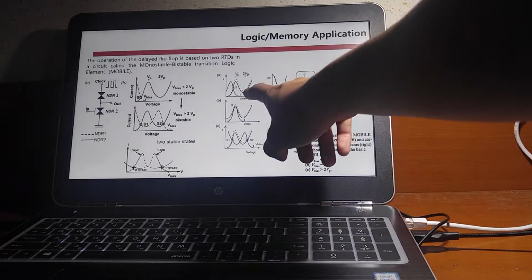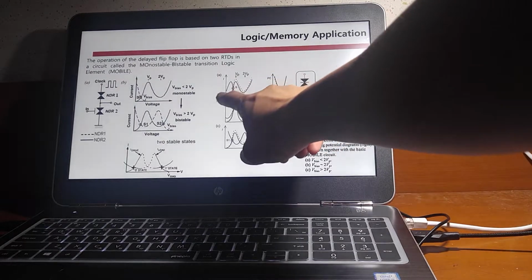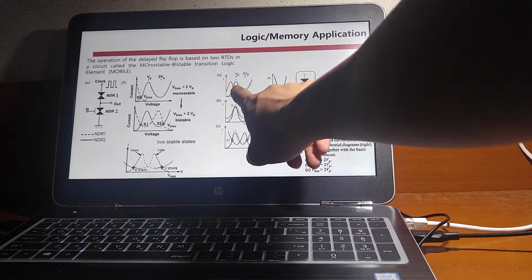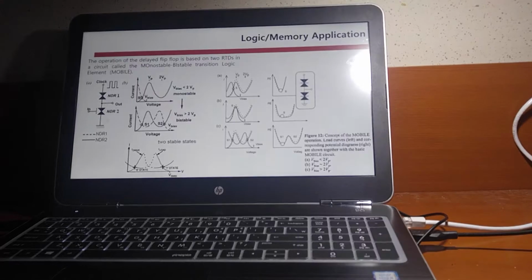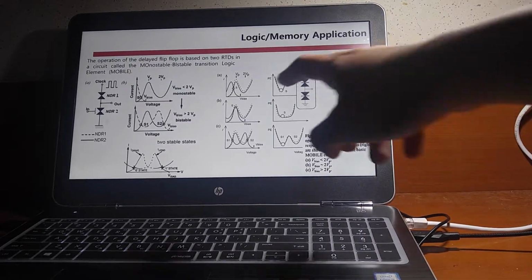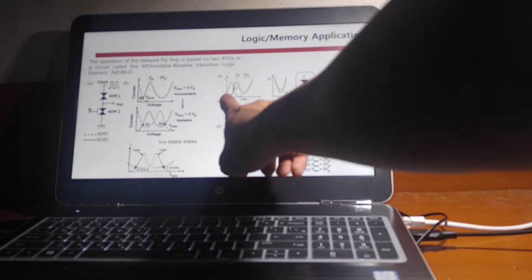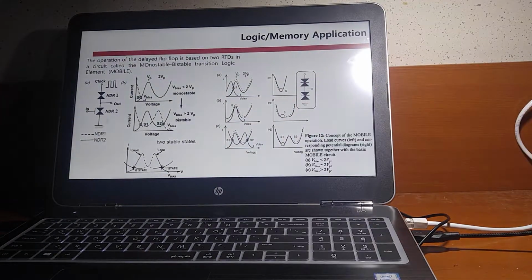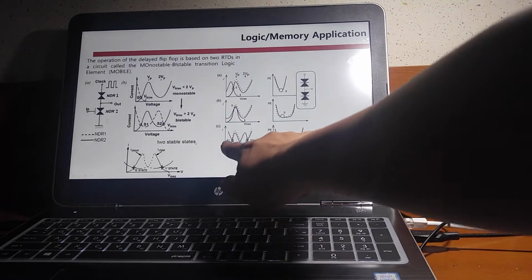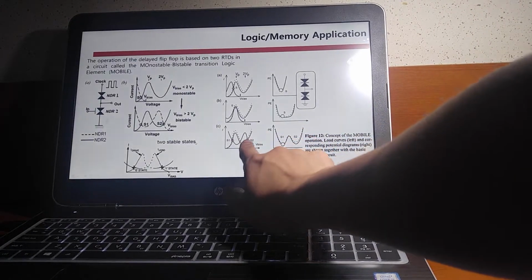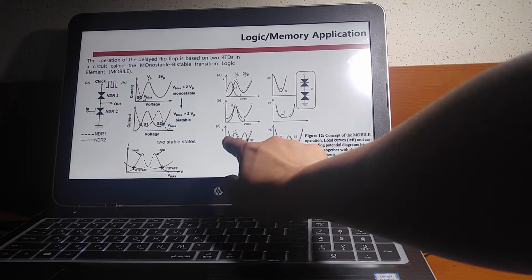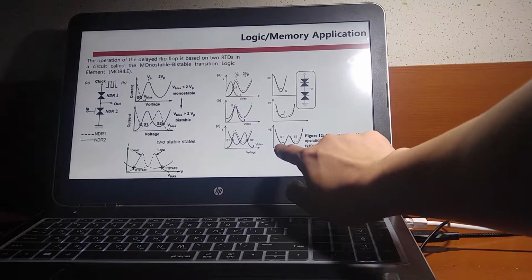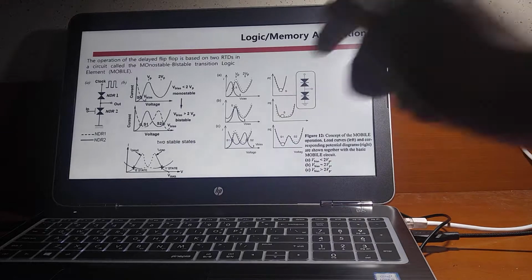The intersection of the two graphs here we call the stable state. So we can see the stable state here, and for bistable there are two stable states here, but this one is lower energy, so the stable state is here.